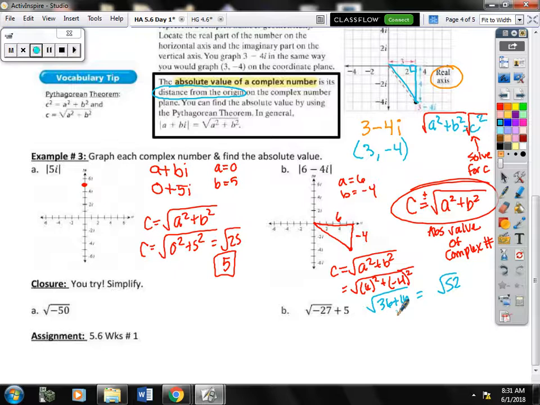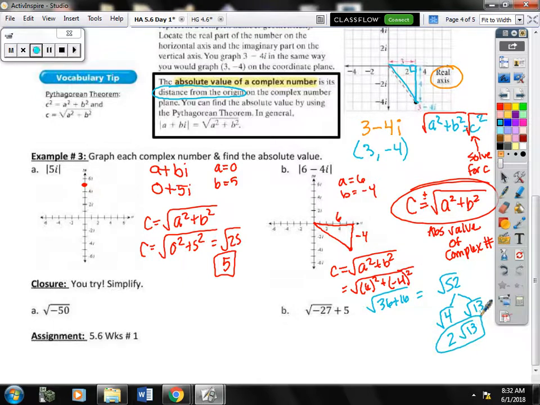And then we would want to reduce this radical if possible. What could I break 52 down into, one of them being a perfect square? Is 4 going evenly? Should be saying yes. We should be getting 4 and 13. And that would get me 2 square root of 13.